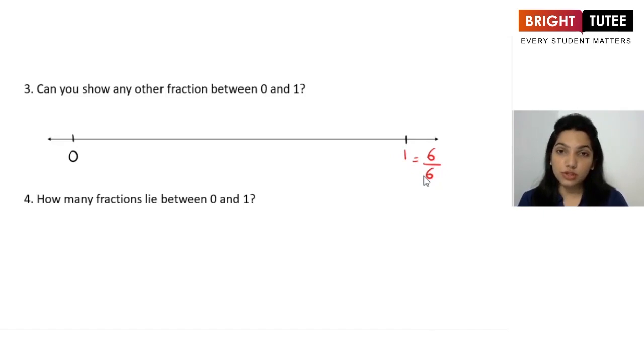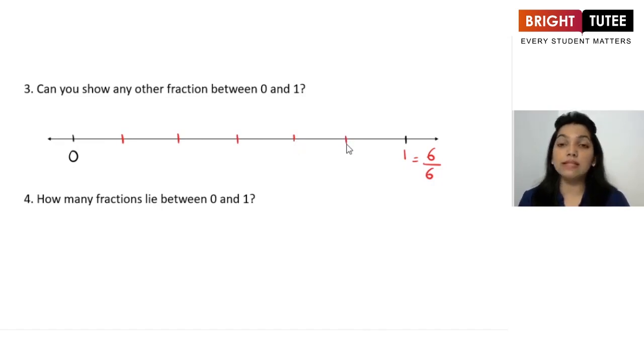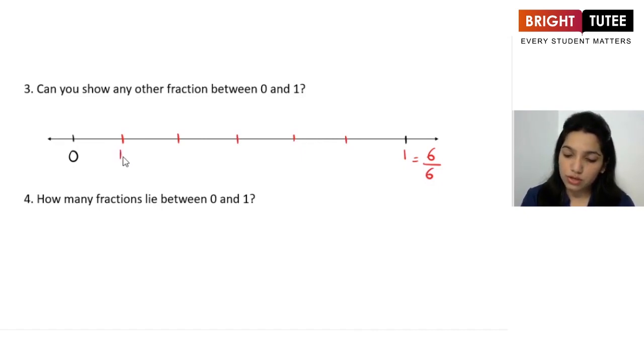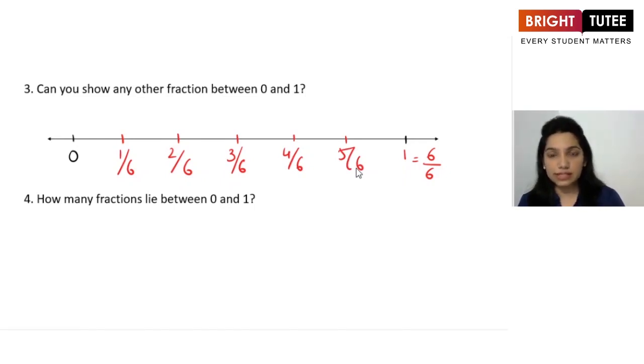So how many divisions do you think we need to make? 1, 2, 3, 4, 5 and 6 divisions, right? And let's show these fractions. So this is 1 over 6, this is 2 over 6, 3 over 6, 4 over 6, 5 over 6 and 6 over 6. I hope this is clear.